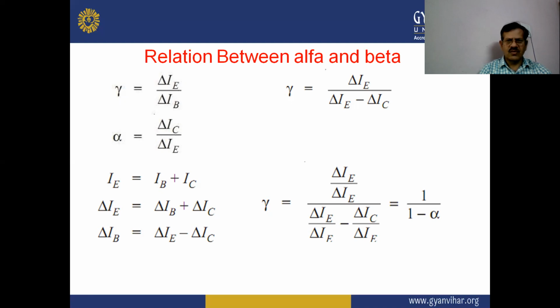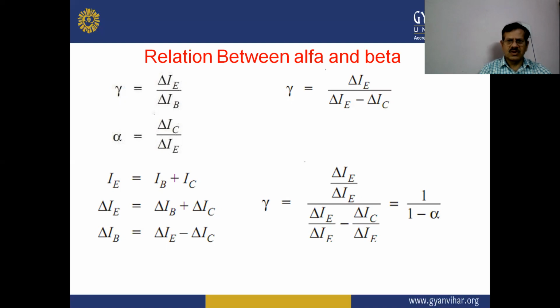So the value of gamma will be del IE upon del IE minus del IC. This is divided by del IE.